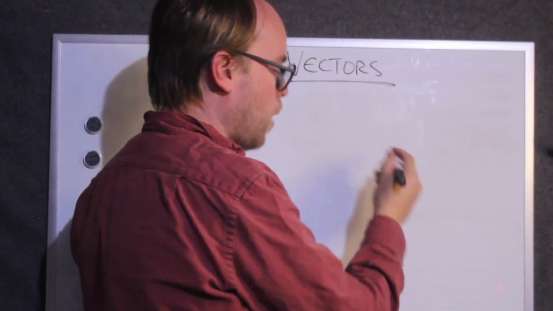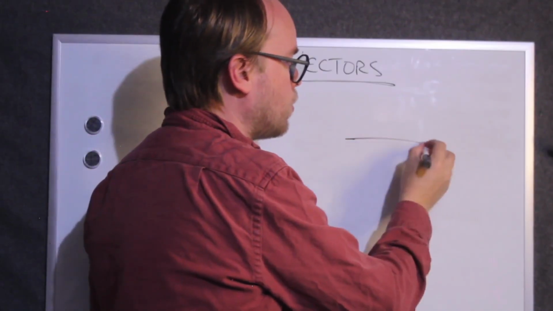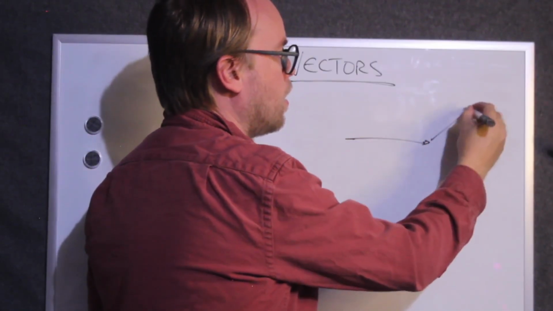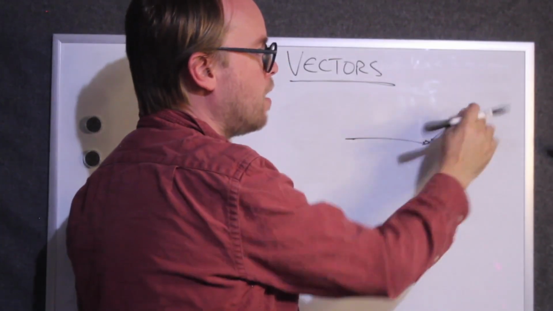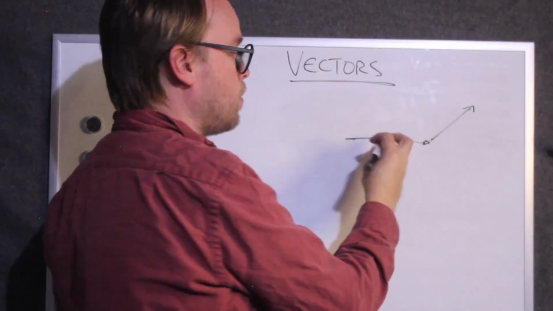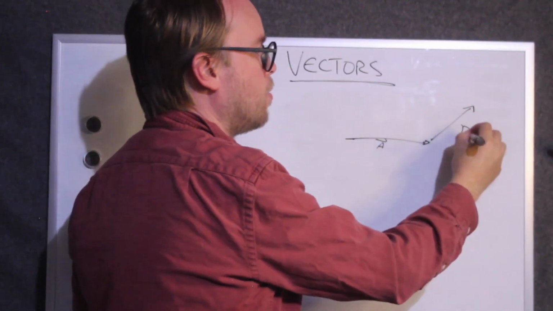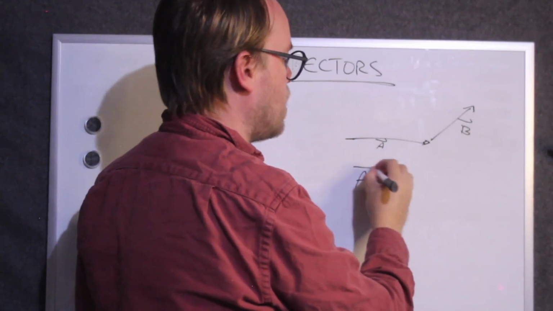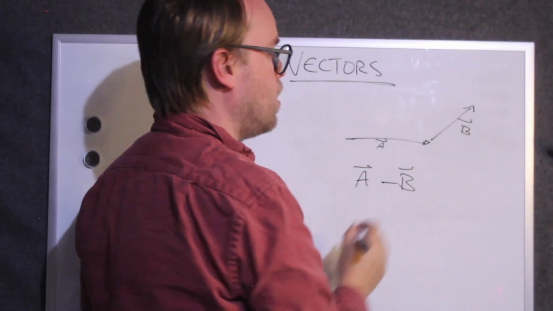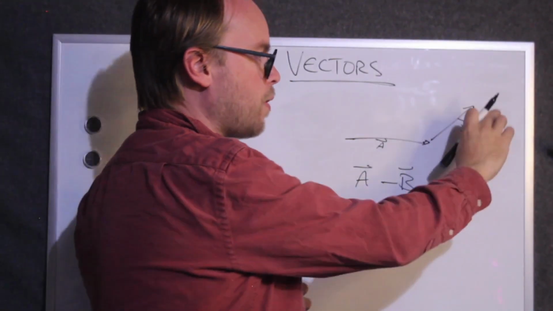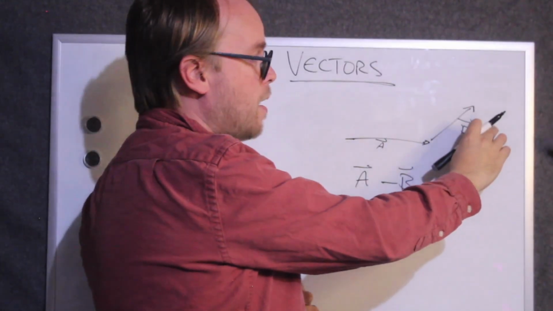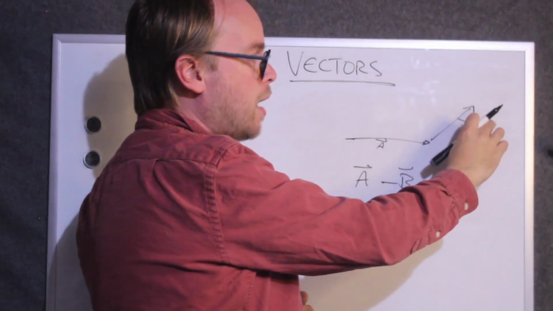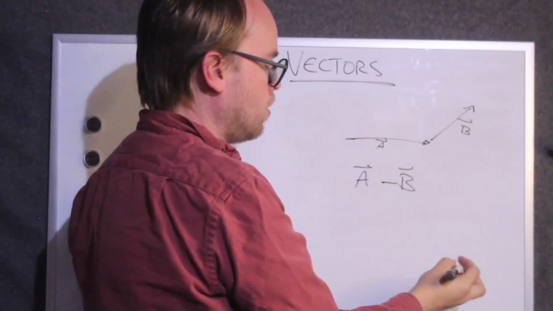Subtraction works the same way. If you're doing this and this, but you want to subtract this one from this one instead of adding. So we'll call this A and B, and you want to do A minus B. So what you need to do is remember that the vector B, the negative of it, is the same magnitude but in the opposite direction.